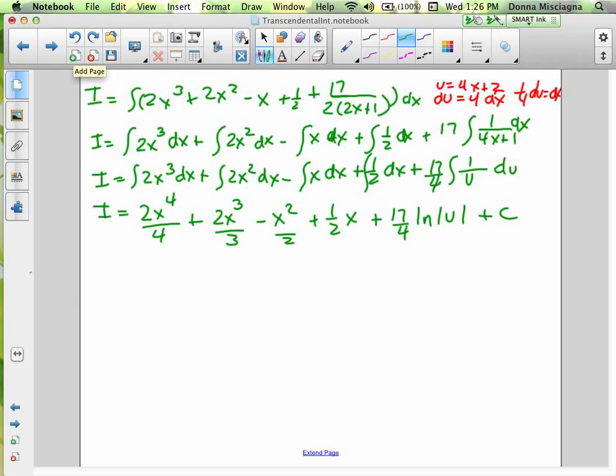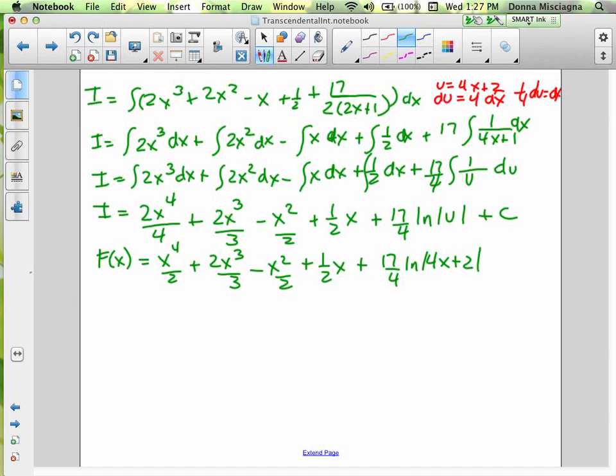So natural log of u. All right, now let's substitute, and let's now make it f of x. So f of x equals x to the 4th divided by 2, plus 2x cubed divided by 3, minus x squared divided by 2, plus 1/2 x, plus 17/4 natural log of 4x plus 2 in the absolute value bars, right? And then plus c, and we're done, all right?